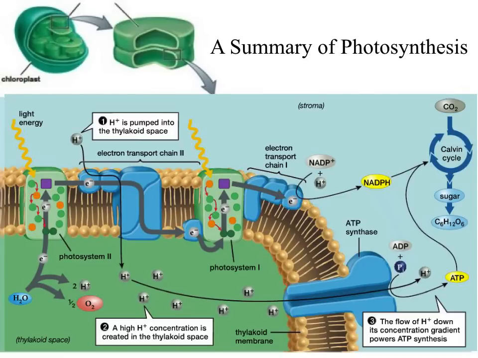There's a way to remember that NADPH belongs to photosynthesis: the first letter of photosynthesis is a P, and NADPH is the one with the P. But NADH is the molecule in cellular respiration. We'll also find ATP in both photosynthesis and cellular respiration.